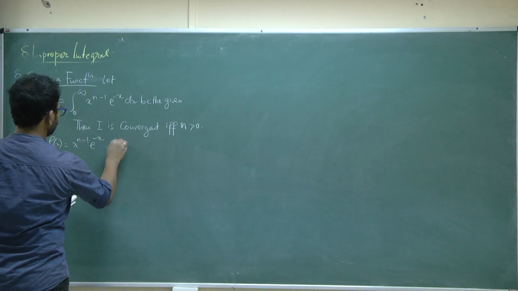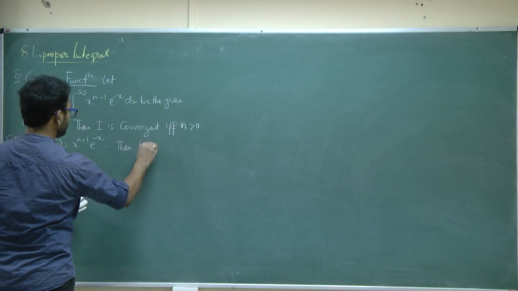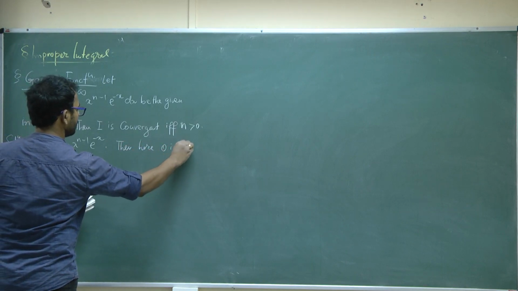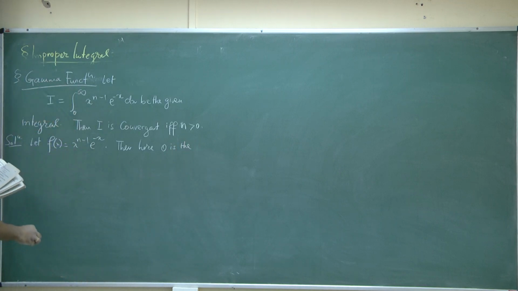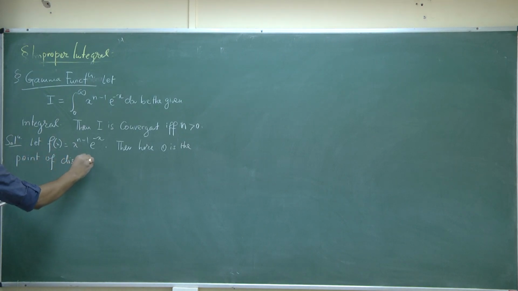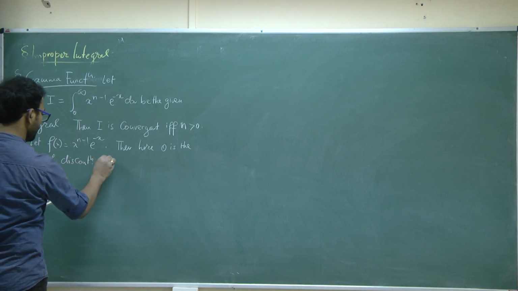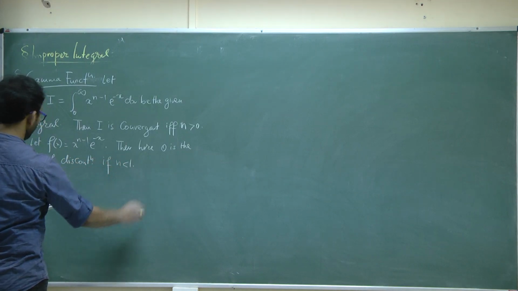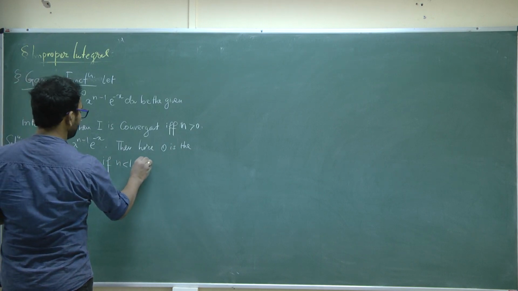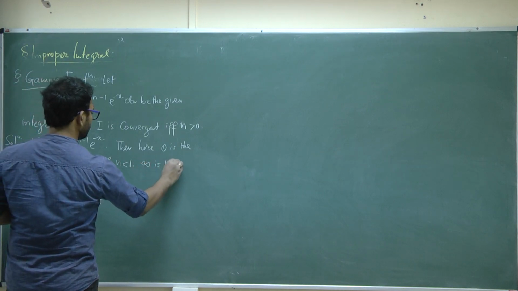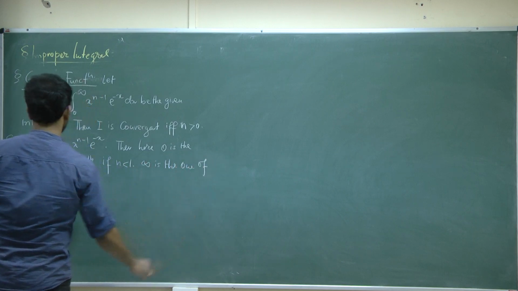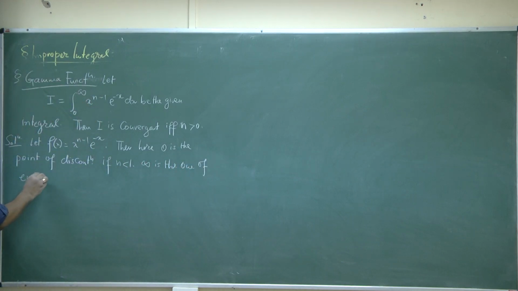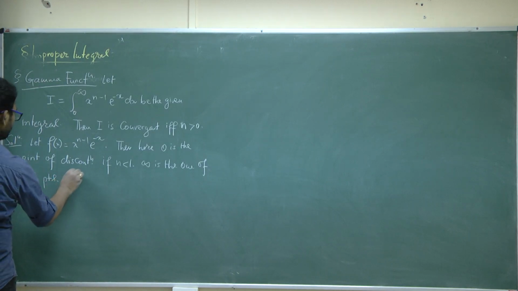Then here 0 is the point of discontinuity if n is between 0 and 1, and infinity is one of the endpoints, or you can say the right endpoint of the integral.